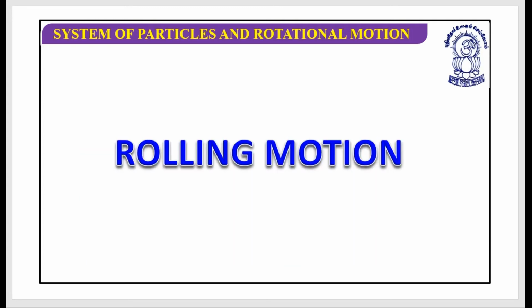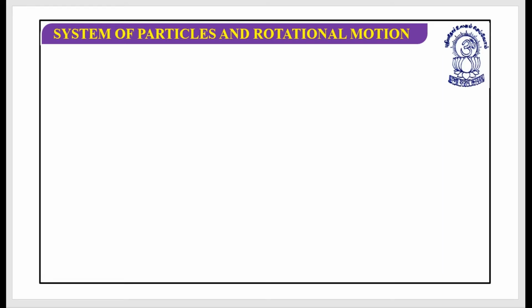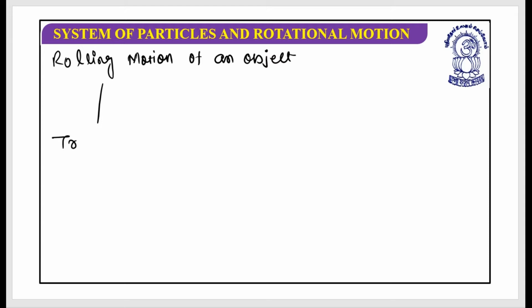In today's class we are going to discuss the rolling motion of an object. So let's begin then. First of all, when I say rolling motion of an object, I'm talking about translatory motion plus rotational motion of an object.